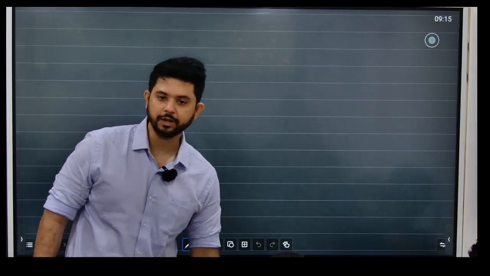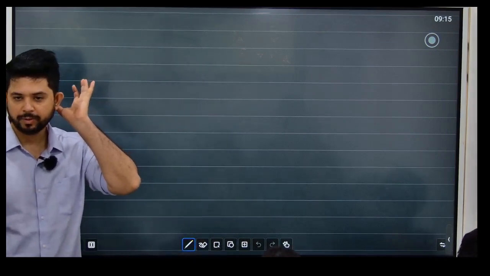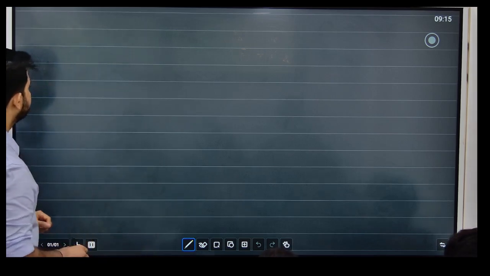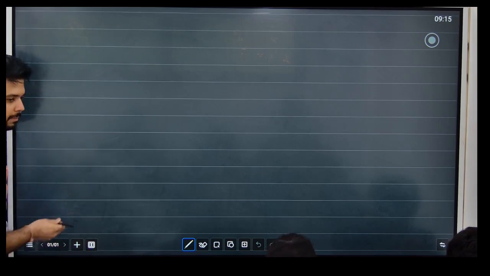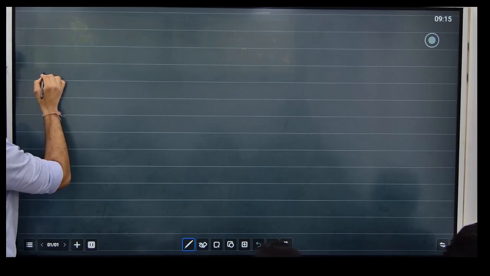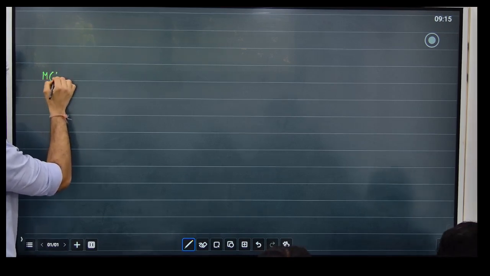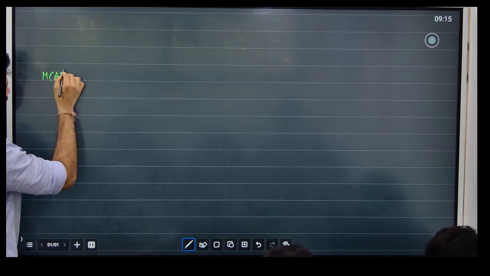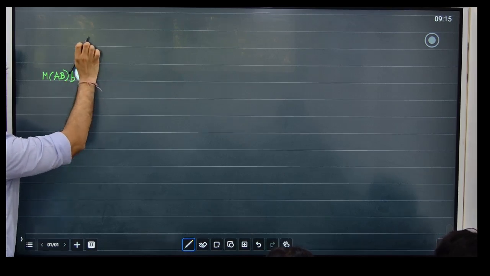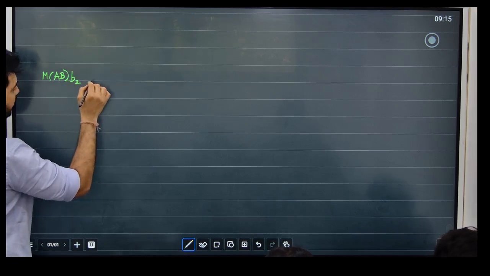Okay, let's continue with geometrical isomerism in coordination number 4. The last example that we did was MA2B2. Similar to that, we can have MABB2, or we can have MABBC.